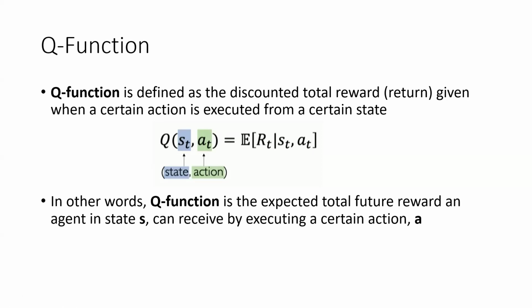At a certain time, he would be in a certain state, right? This agent has an action space, that means all the actions that he can take, but he can take only a single action, right? Once he takes that particular action, what would be the expected return? That means after taking that action, what would happen in the future? You would get the total rewards discounted with time, and that return is given by this function known as the Q function, right?